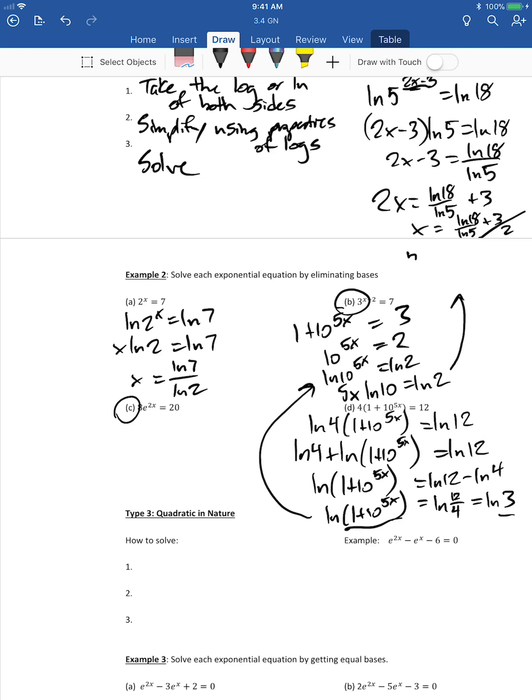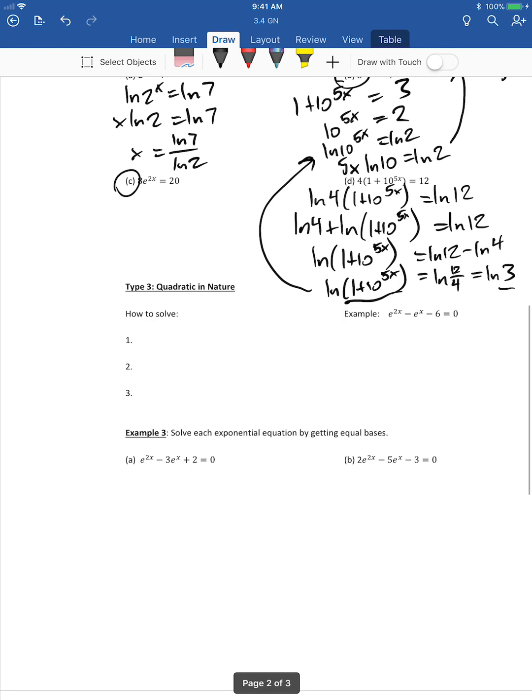So I can divide both sides by the natural log of 10, and then divide both sides by 5. And I can get a decimal approximation from my calculator if I need to. So that's it. Really fun. Now, I promise not all of them will have you do so many steps like that one did, but if you want to have some fun, I think you should definitely try some like these yourself.